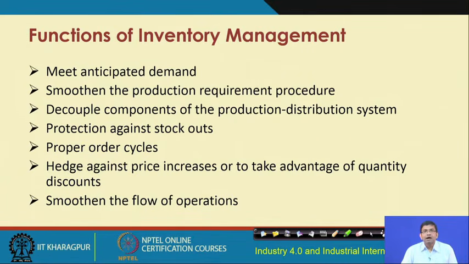So, all of these are different functions of inventory management, and if we go a little deeper down, with the incorporation of IIoT we can have efficient inventory management through the implementation of all these IIoT devices and systems and applications.